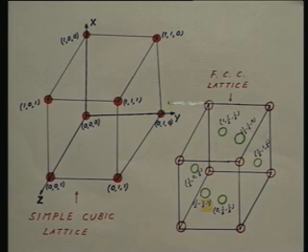Now think of two FCC sublattices, one pushed inside the other along a major diagonal by a distance of 1/4. That is, we have two interpenetrating face centered cubic sublattices.